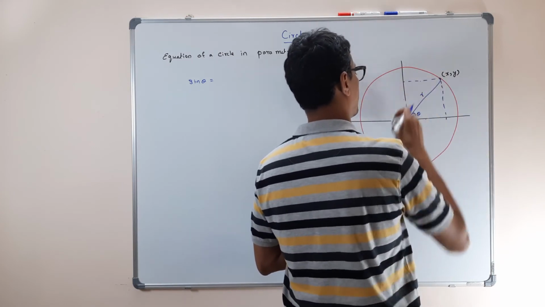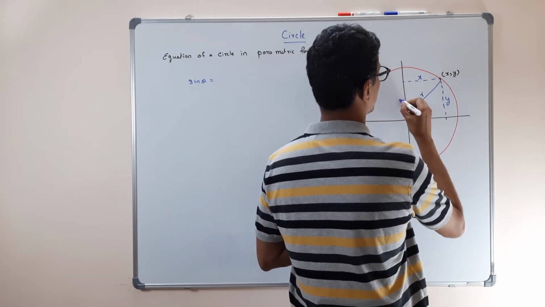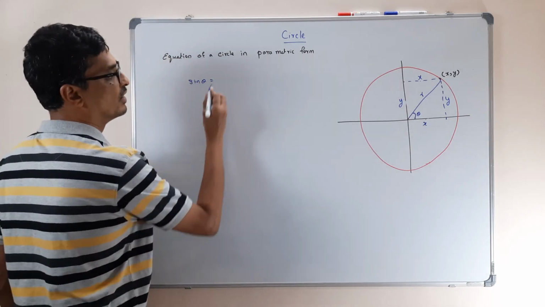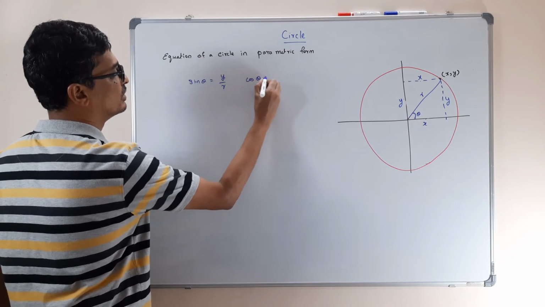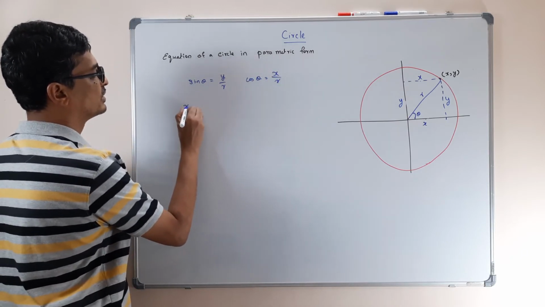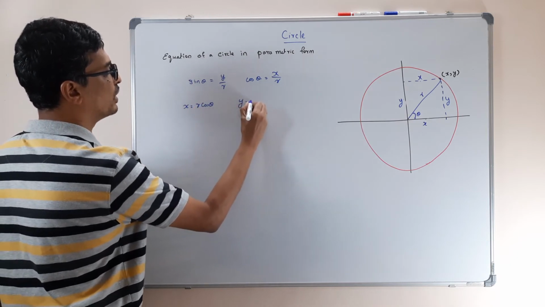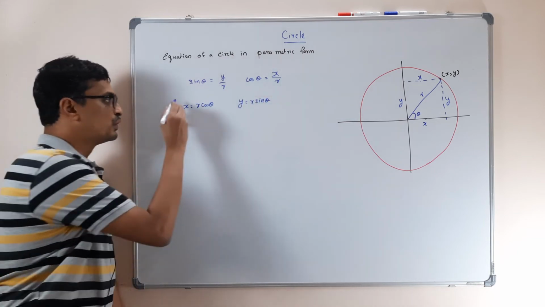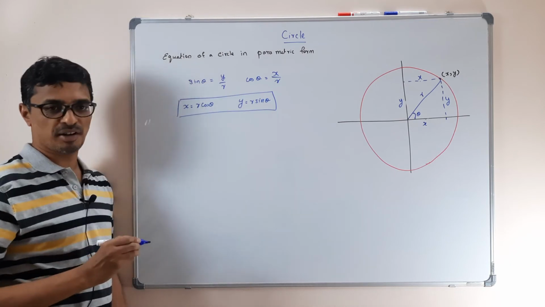Oh yes, this is x and this is y, right? What is sine theta? y by r. And what is cos theta? x by r. Therefore, x is equal to r cos theta and y is equal to r sine theta. So this is the equation of a circle in a parametric form.